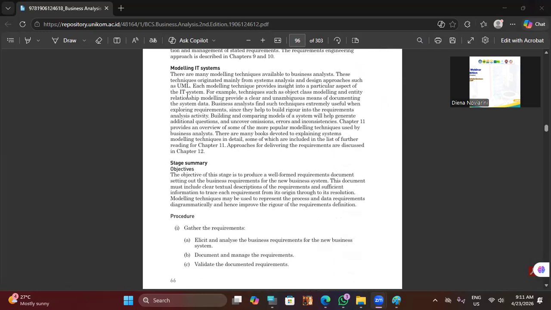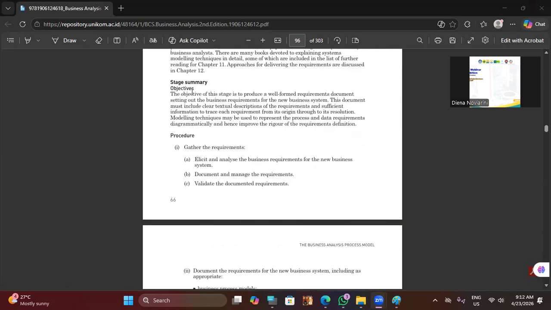And so modeling IT systems makes techniques available to business analysts. These techniques originated mainly from systems analysis and design approaches such as UML, and each modeling technique provides insight into a particular aspect of the IT system.